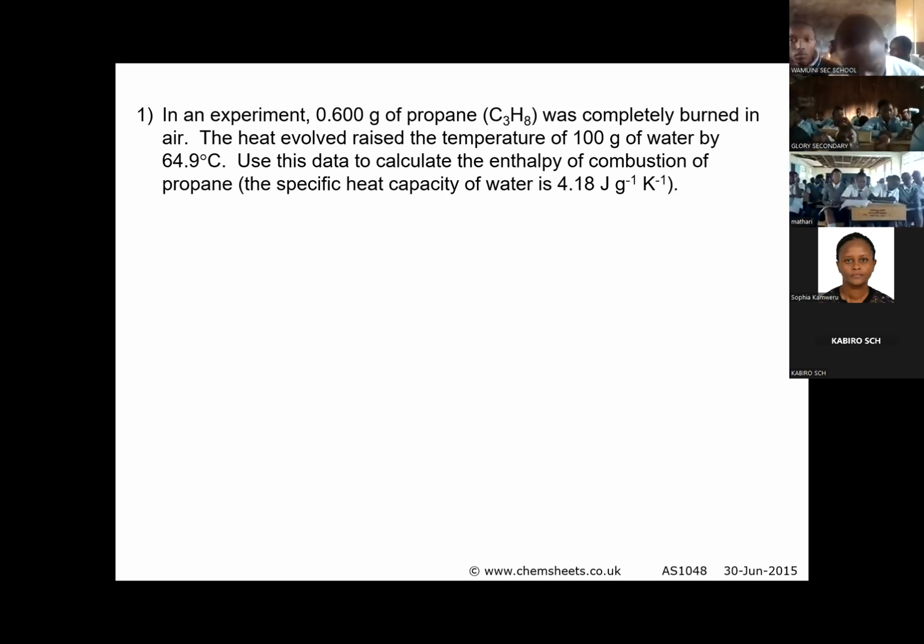So the RMM of propane is 36 plus 8, which will make it 44. But that's later. So do Q first. Okay, have a go. I'll give you 5 minutes in which to have a go at this and see how you get on. If anybody has a question, just write it and show it to the screen, and I'll see if I can help.